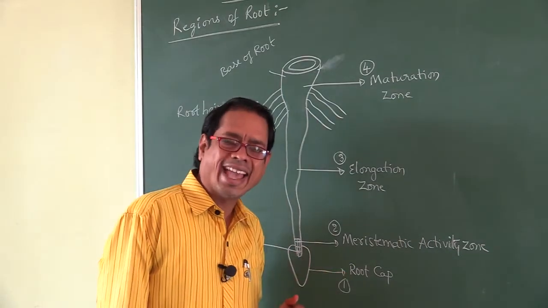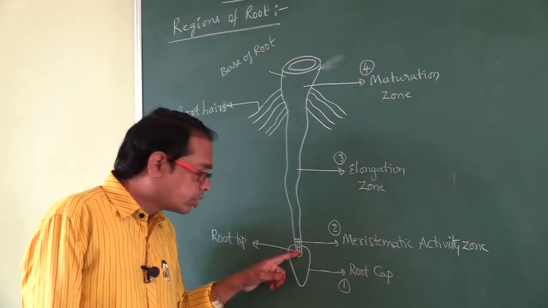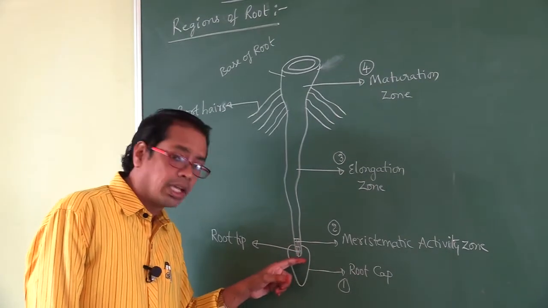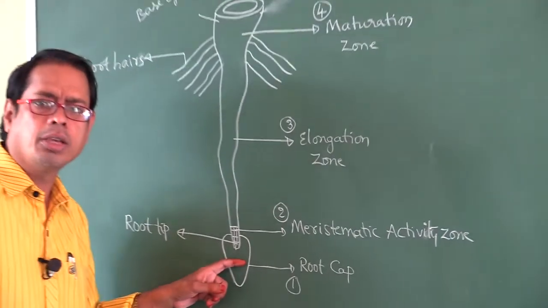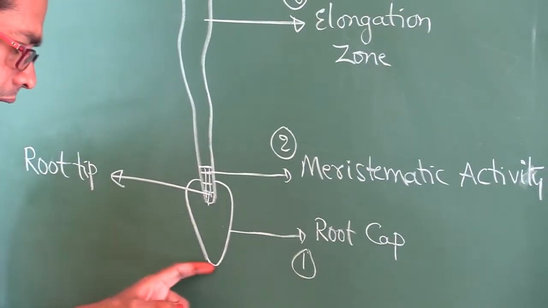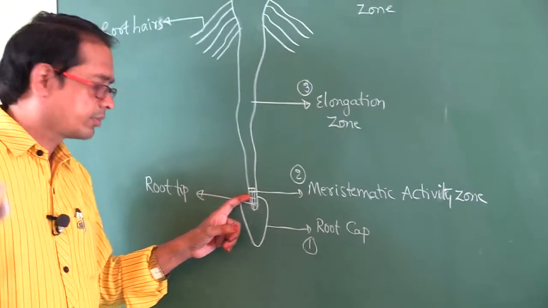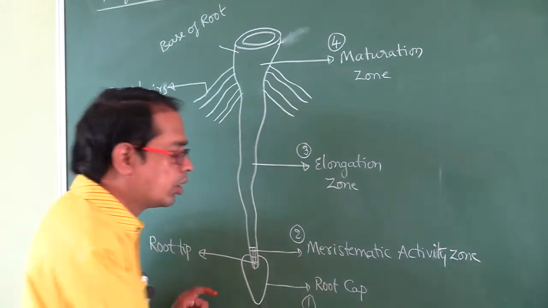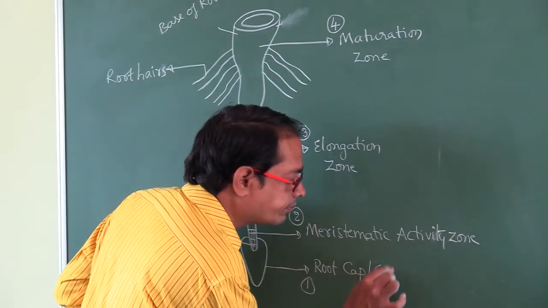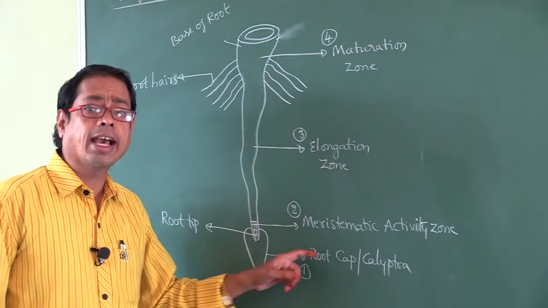First one, root cap. Where do you find the root cap? This is the root tip, no? The root tip is covered by a thimble-like structure. Thimble means cap-like structure. The root tip covered by a thimble-like or cap-like structure is called root cap. Root cap is also called calyptra.